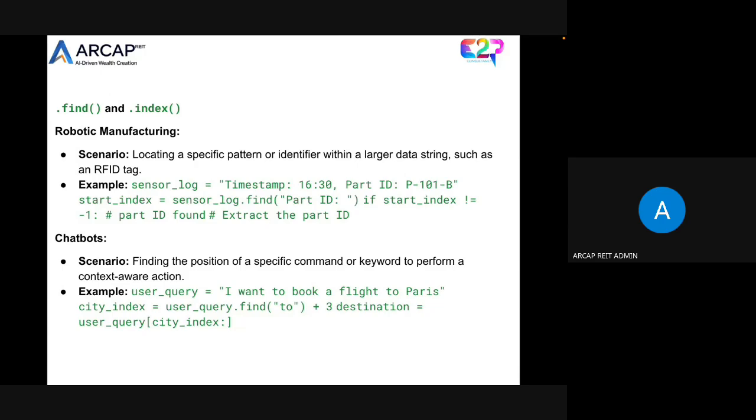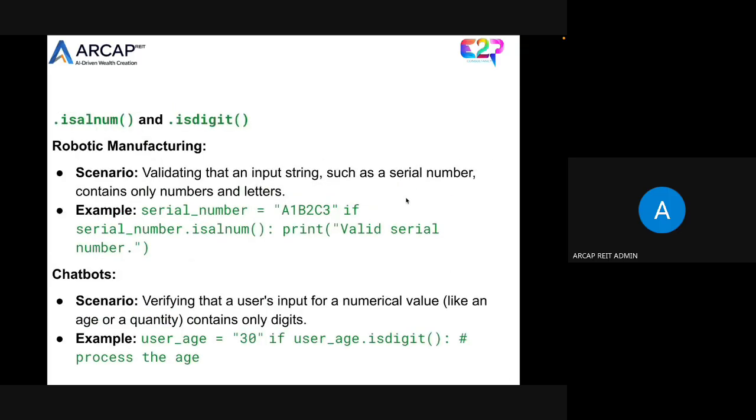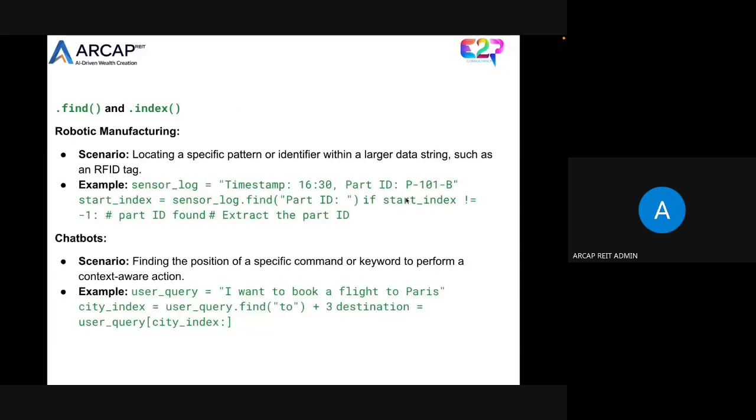So, locating a specific pattern or identifier within a large data string, such as an RFID tag. We have a total RFID tag, like you can see, timestamp colon 16 time and part ID is P-101B, right? So we want to find the part ID.